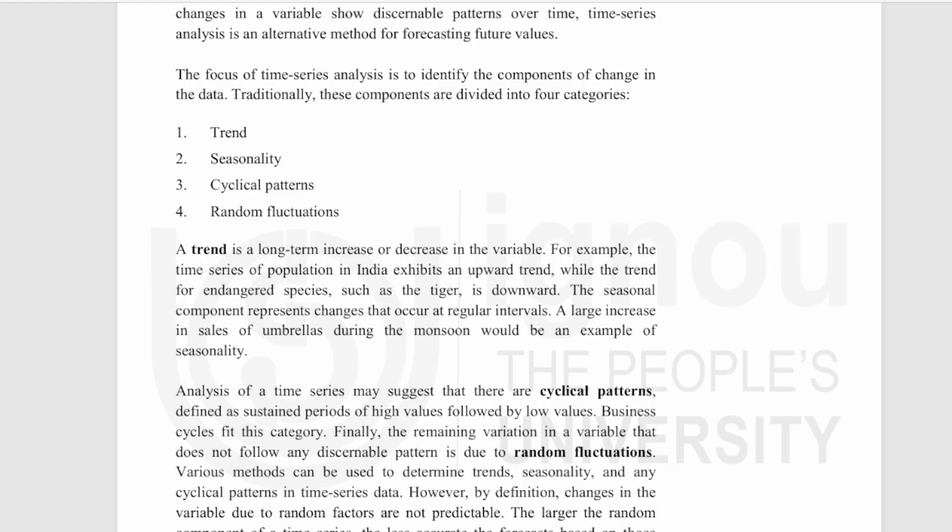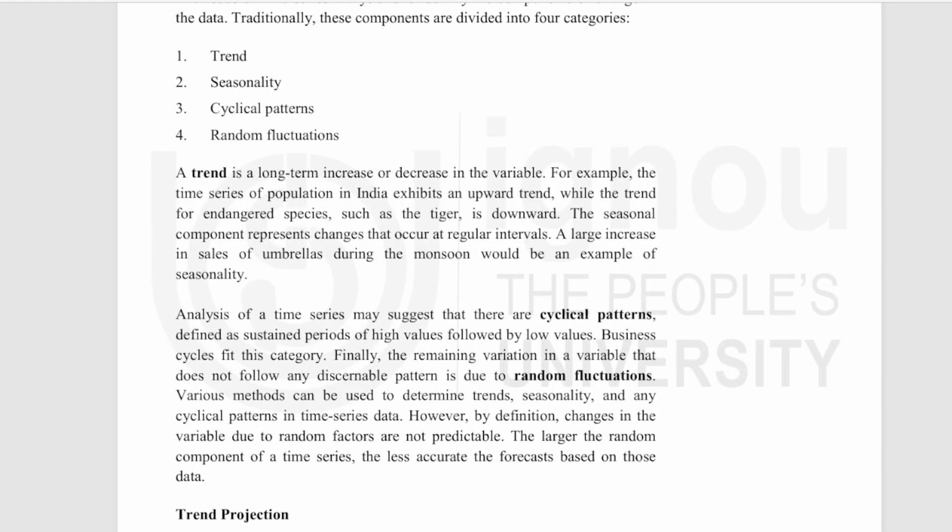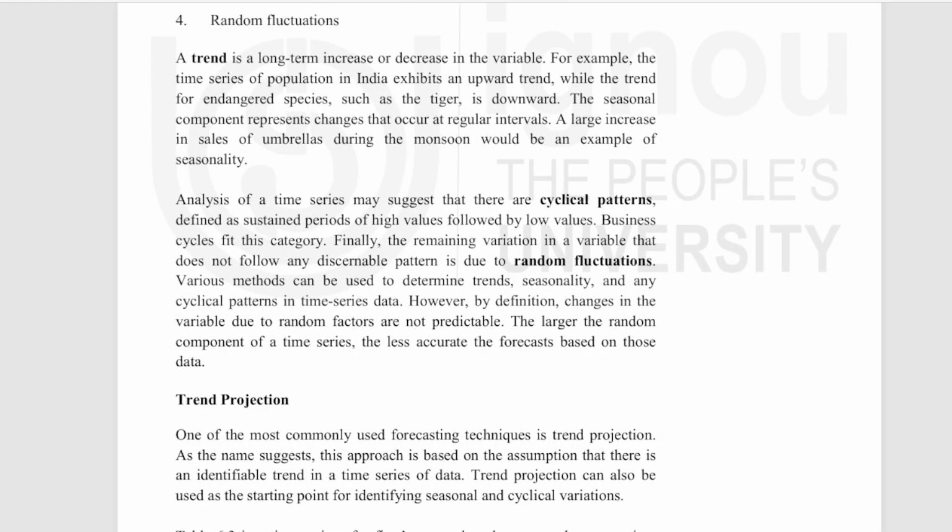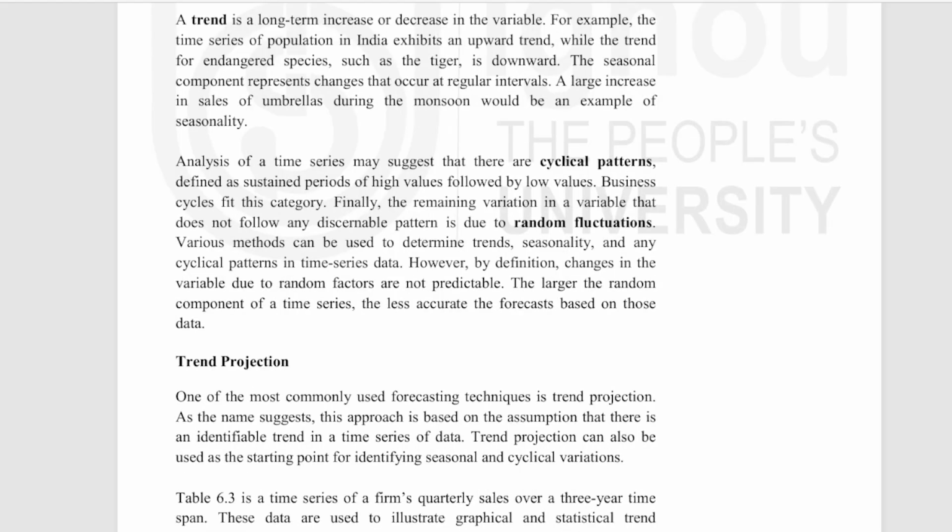Analysis of a time series may suggest that there are cyclical patterns, defined as sustained periods of high values followed by low values, and business cycles fit this category. Finally, the remaining variations in a variable that do not follow any discernible pattern are due to random fluctuations. Various methods can be used to determine trends, seasonality, and any cyclical patterns in time series data.